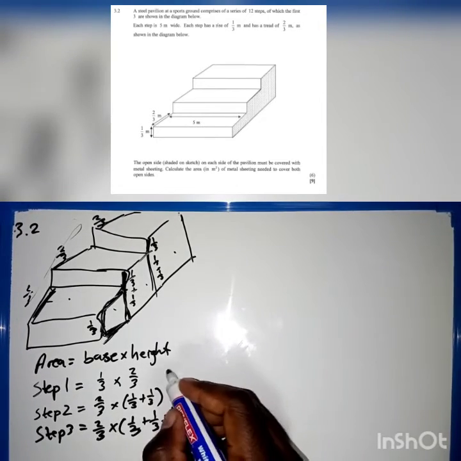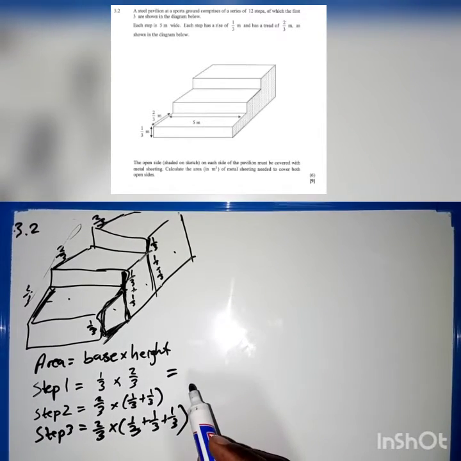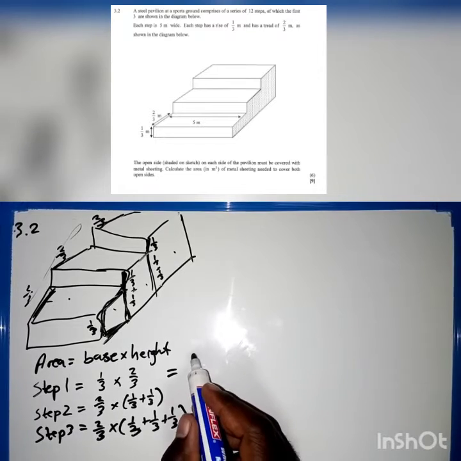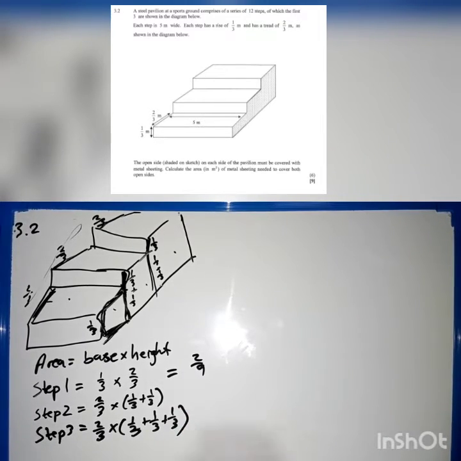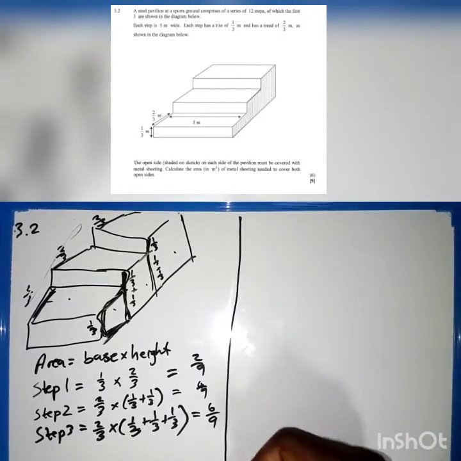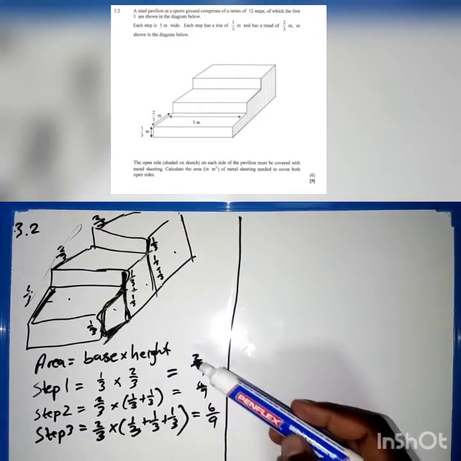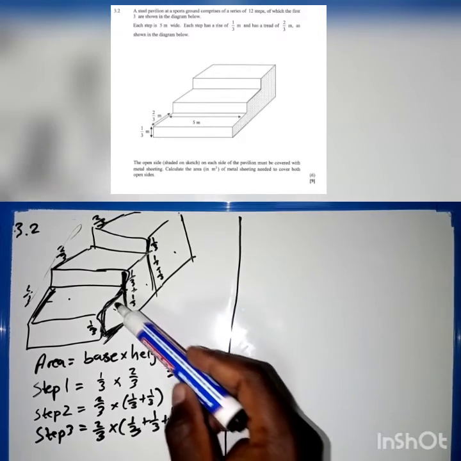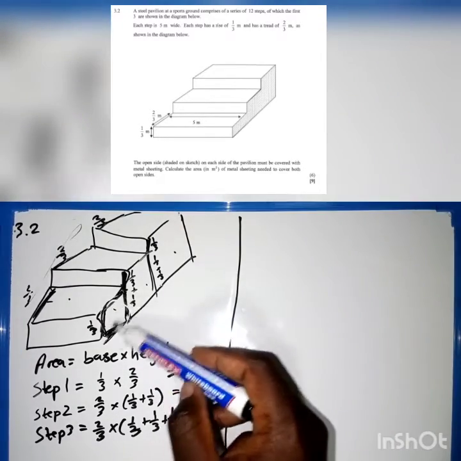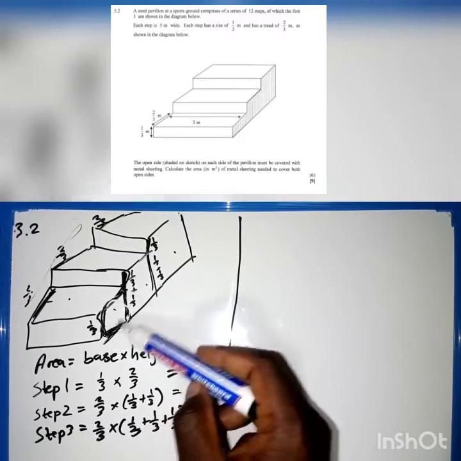So from this, if I calculate this, I'll get 2/9, and if I calculate this, I'll get 4/9, and if I calculate this, I'll get 6/9. Now looking at this, this gives you the sheet that is needed for this rectangle here.